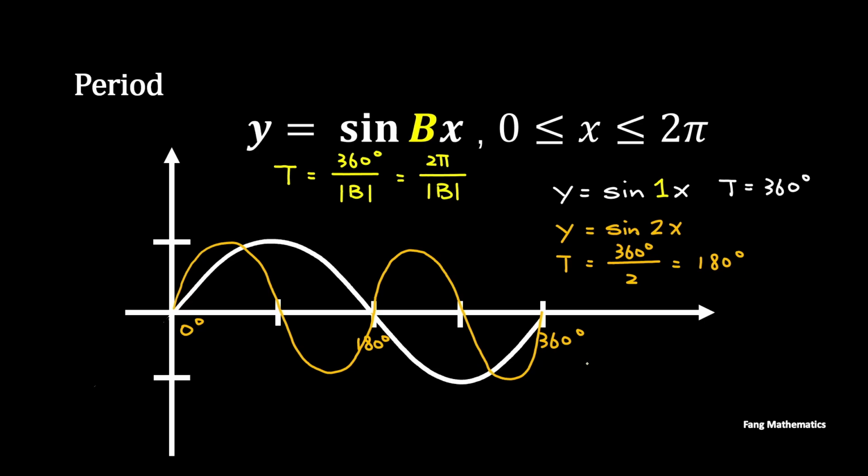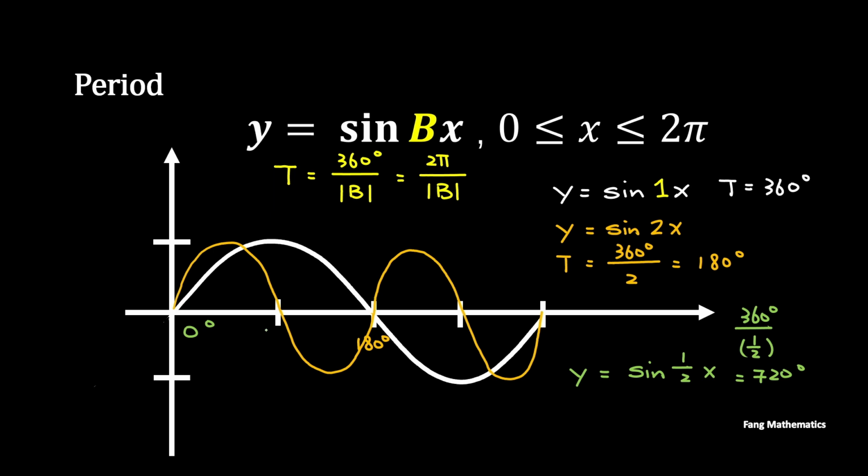Let's look at the last scenario in which y is equal to sine half x. And let's determine the period of this function. So 360 degrees divided by half, I believe that should give you 720 degrees. So you should know that from 0 degrees to 720 degrees, the sine graph will complete one cycle.